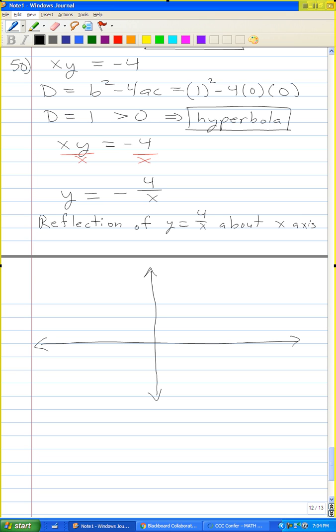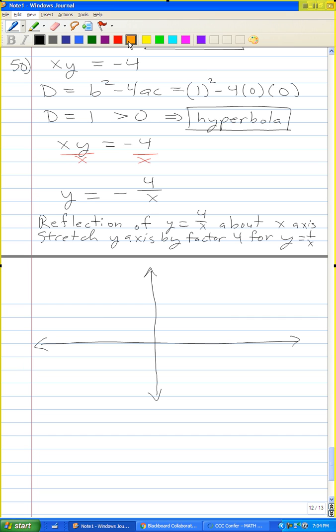And then there's the scaling. You're going to stretch in the y direction by a factor of 4 from y equals 1 over x.